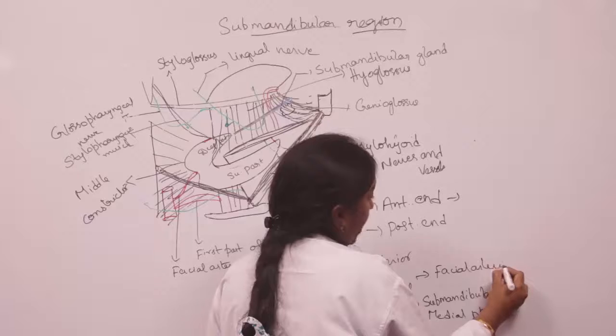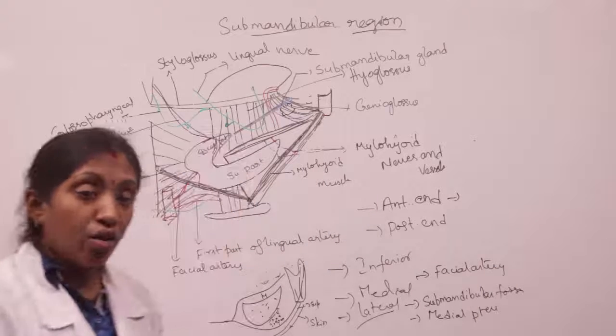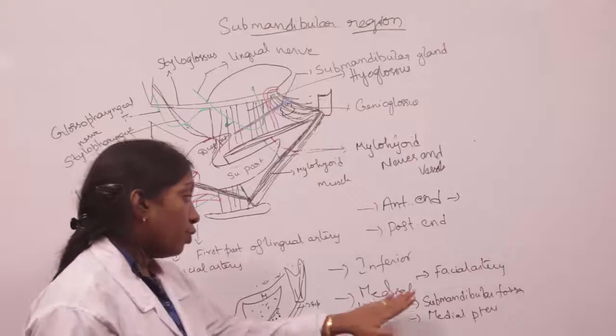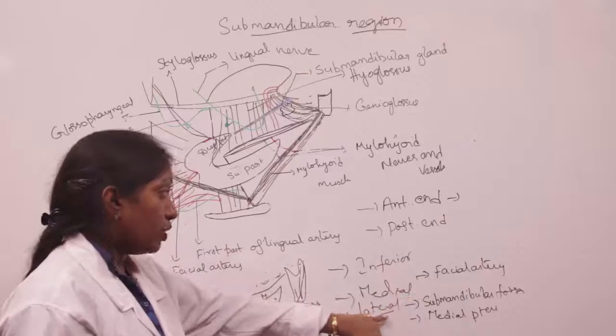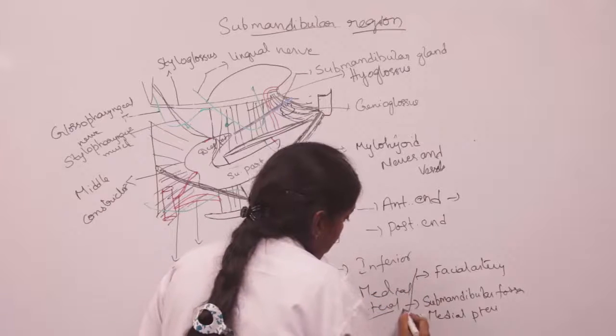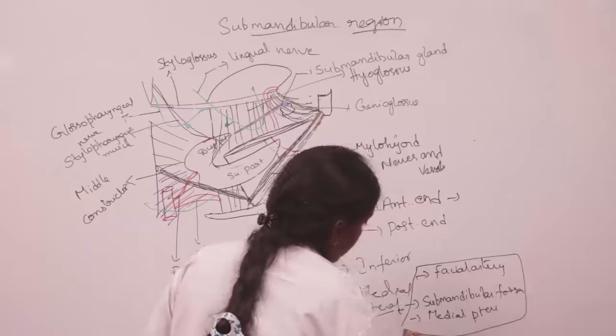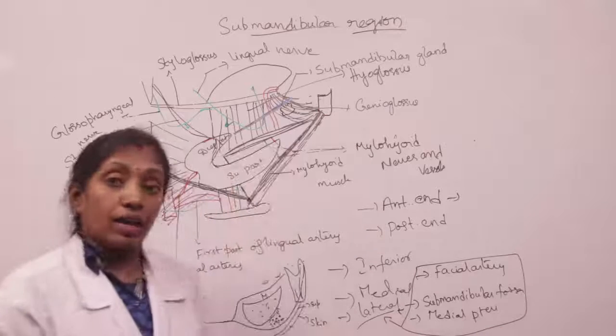Between the bone and the gland we have the facial artery. So that's about the lateral surface of the gland.